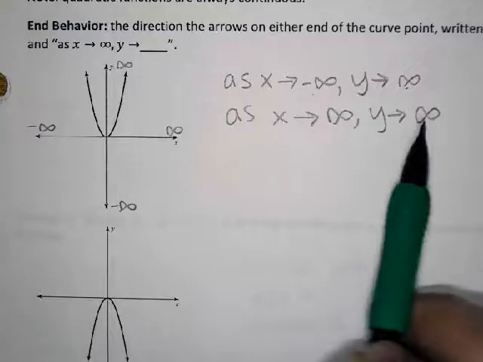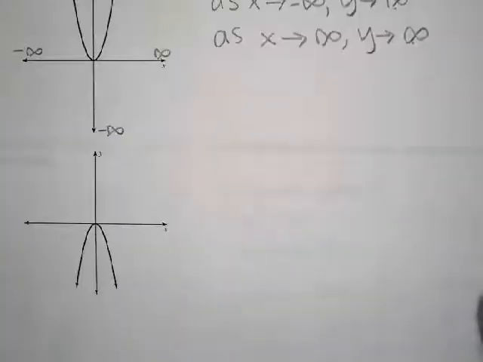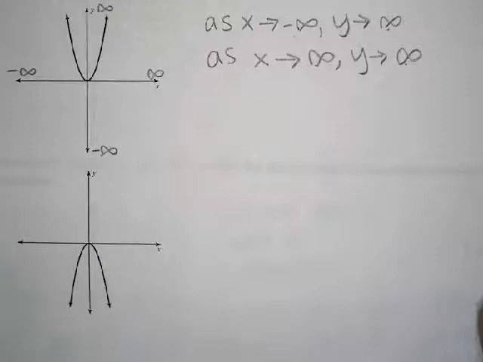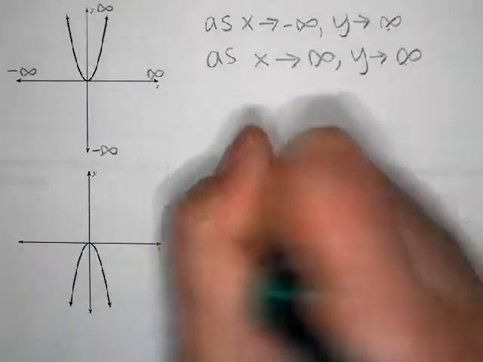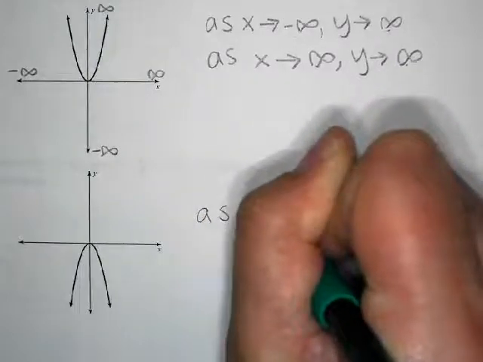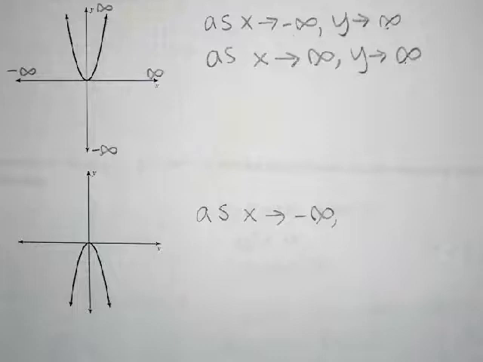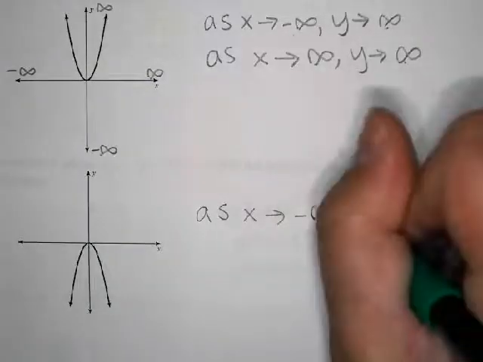Okay? Let's try the other one. It would just be the opposite. So we're still going to start with, let's look at the left arrow. So look at the left arrow, and then what should we write? Okay, it's going down, so we're going to say y goes to negative infinity. Okay?